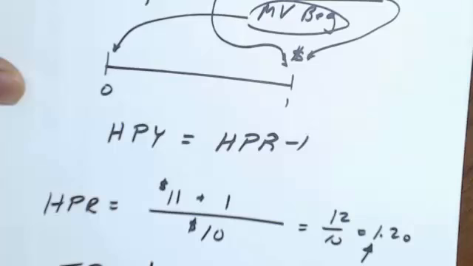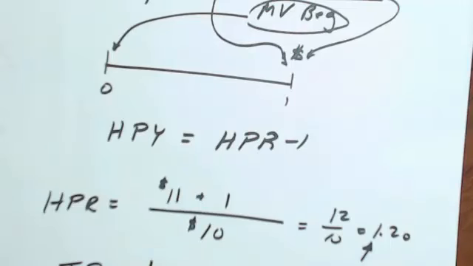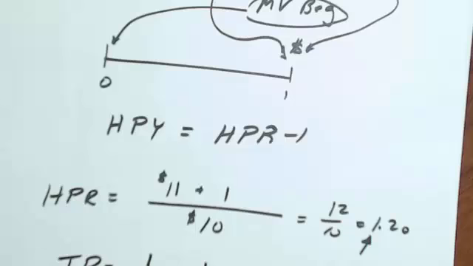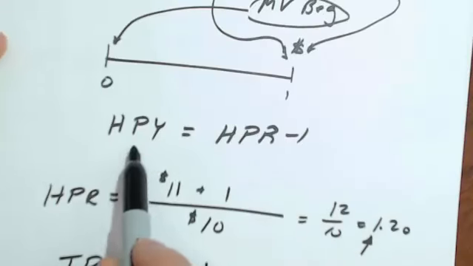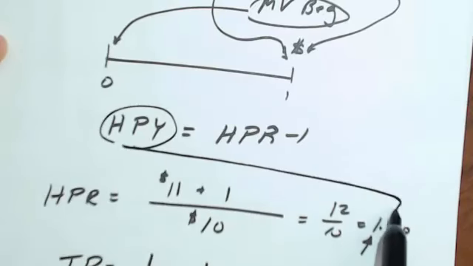And so you got a total return of 10% plus 10%, a total of 20%. This is your holding period return, and your textbook is calling the holding period yield this 20%.